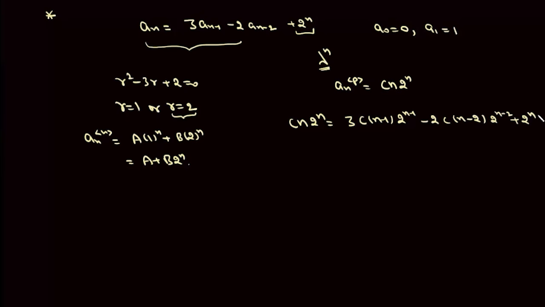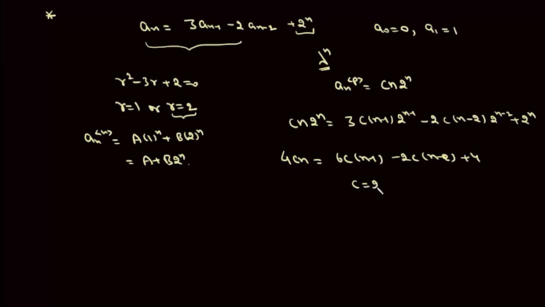Now we can cancel out 2^{n-2}. So it will be 4Cn = 6C(n-1) - 2C(n-2) + 4. Now the Cn term will cancel out. What we'll have here is -2C + 4.